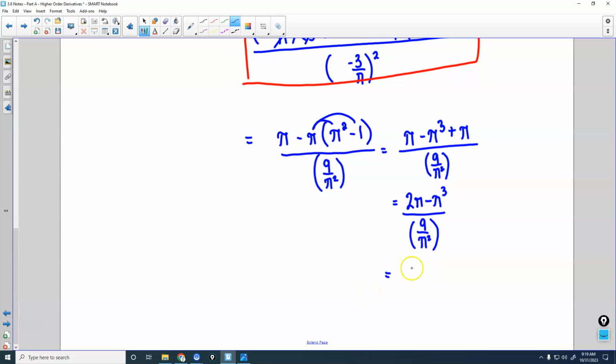And dividing fractions is easy as pi. Flip the second. Multiply 2 pi minus pi cubed times pi squared over 9.